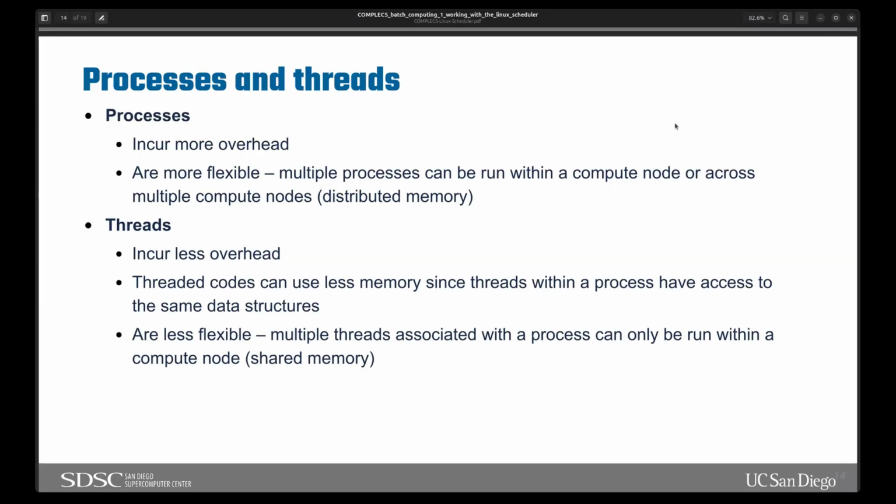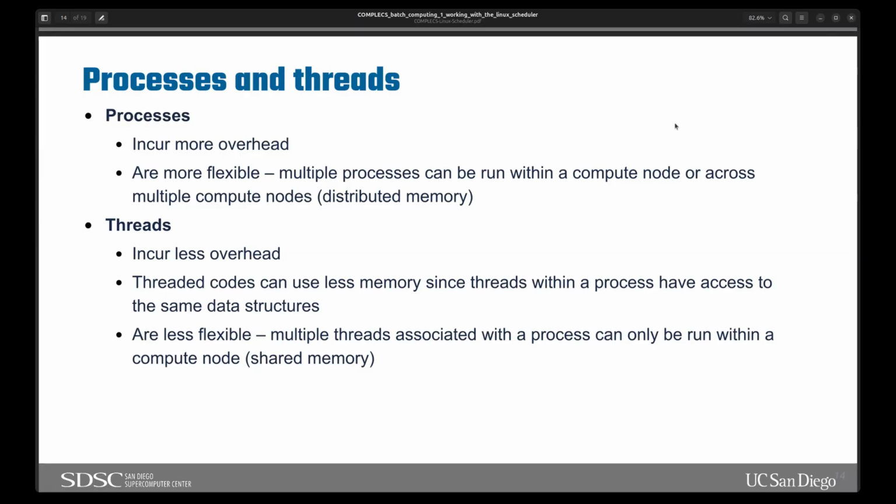Every time you start a process, it's a little more resource intensive, so the start-up time for your application might be longer. But they're more flexible and you can use distributed memory models, so you can have applications running across multiple compute nodes, not just a single compute node. Whereas the threaded shared memory model usually requires everything to be in a single compute node.